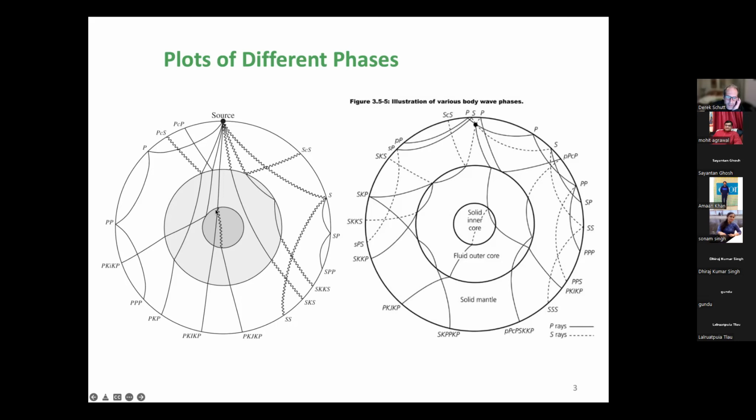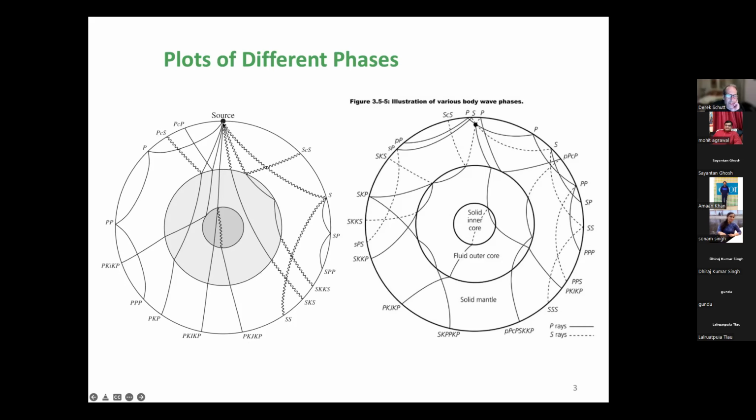We can see the same thing, except if it turns to an S wave at the inner core boundary, it's a PKJKP. And again, this is quite a small amplitude phase, so I've never looked for it, but I think you'd actually have to stack a lot of data to see it.